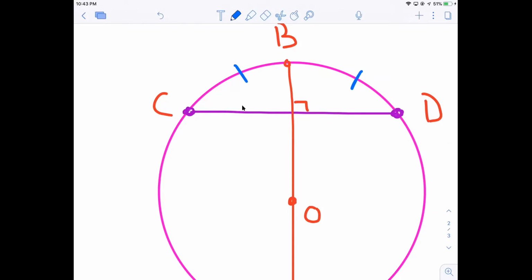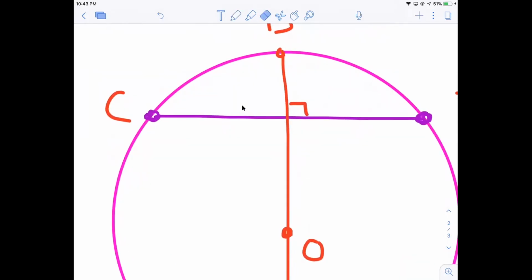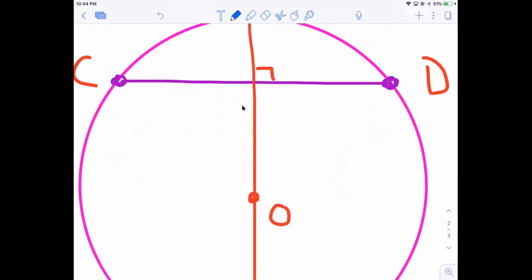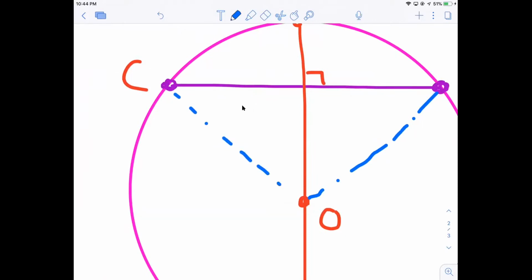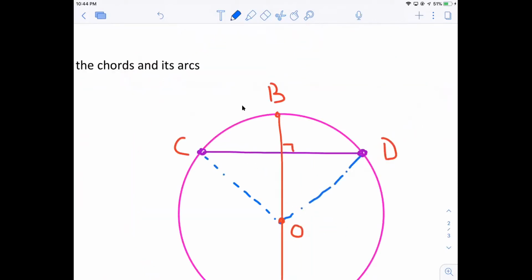So the idea is whenever we want to prove arcs congruent, we're going to prove the central angles congruent, because congruent central angles intersect congruent arcs. So I think it would be smart to construct these radii again. So let's just do an analysis.